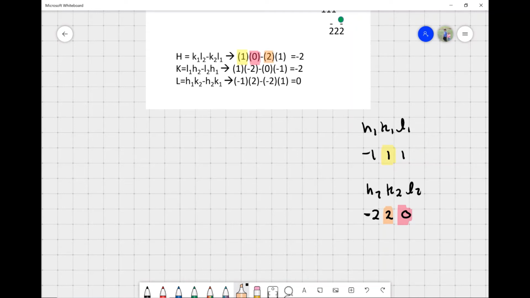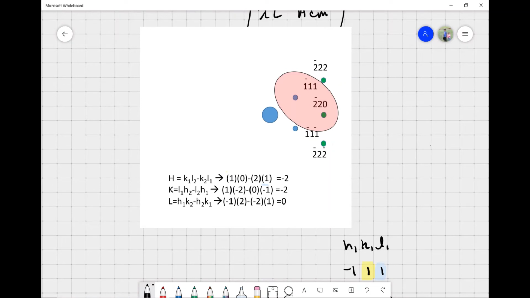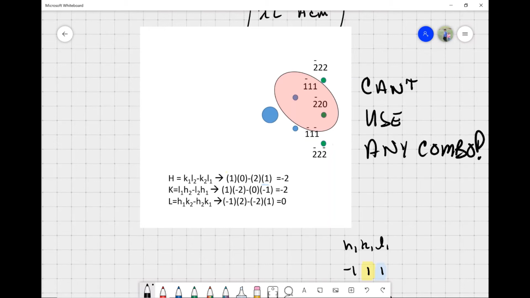And L1 is also 1. And we'll use blue for that one. All right, so one thing I probably need to point out, because I think I mentioned it in the previous slide: you can use any 2 spots, but you really can't use any combination of spots.